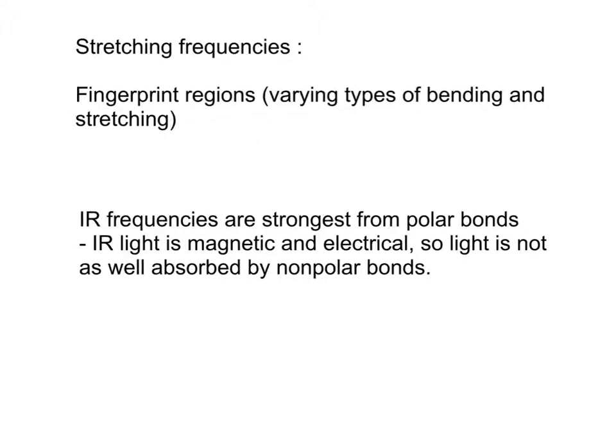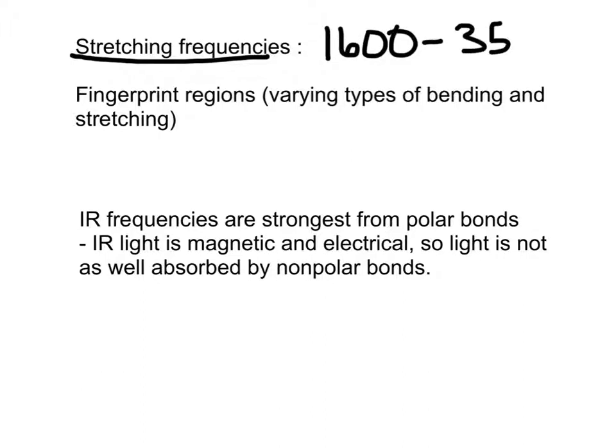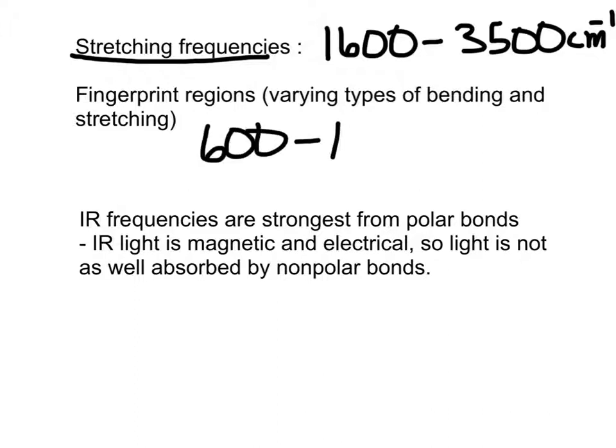And so we look at two different regions, and the one that we're most interested in is the stretching frequencies. And the stretching frequencies range from 1600 to 3500 reciprocal centimeters. This is to the left of the IR spectrum. The fingerprint region, on the other hand, is more towards the right, and it is in the range of 600 to 1400 reciprocal centimeters.